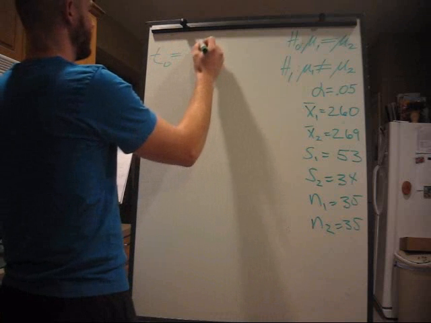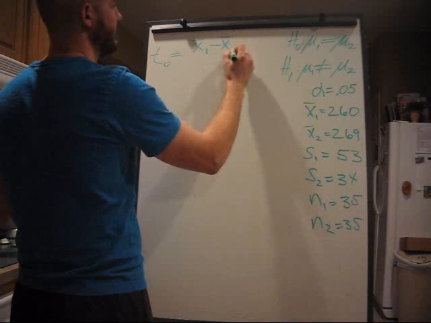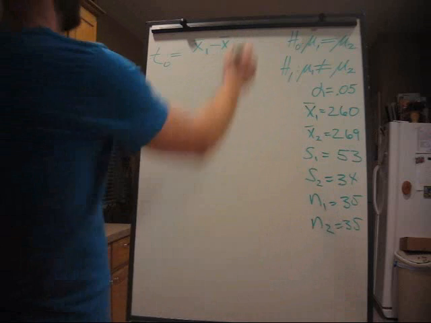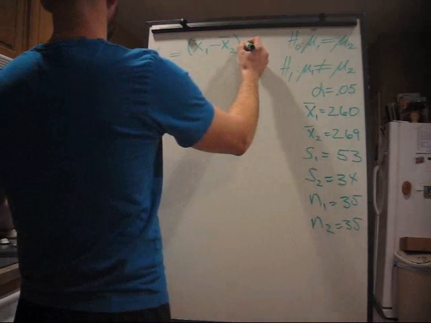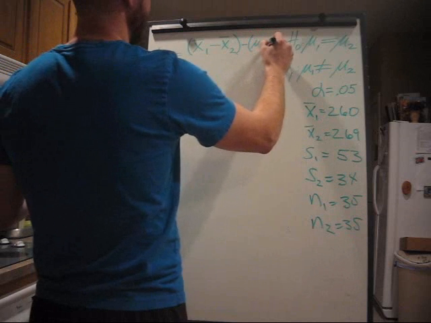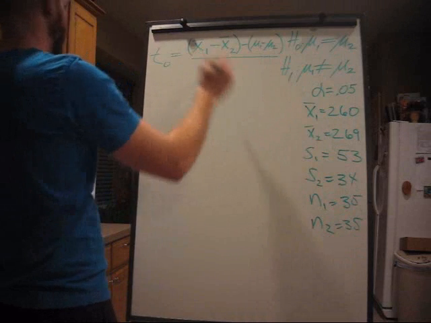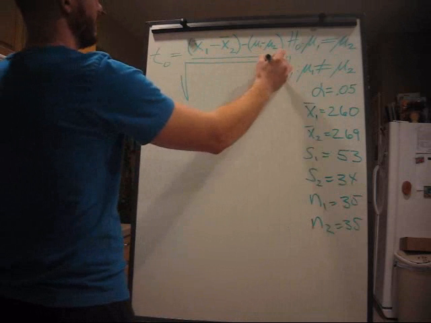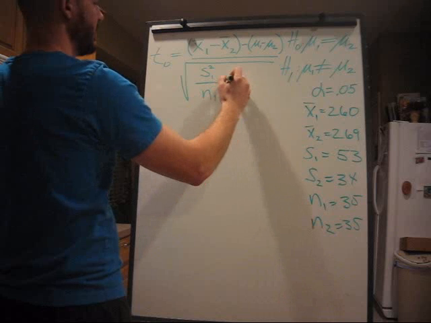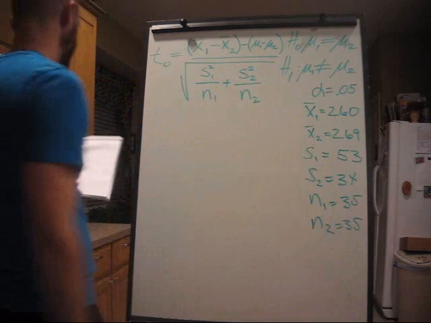So t naught equals x bar sub 1 minus x bar sub 2, minus mu sub 1 minus mu sub 2, over the square root of variance sub 1 over n sub 1 plus variance sub 2 over n sub 2.